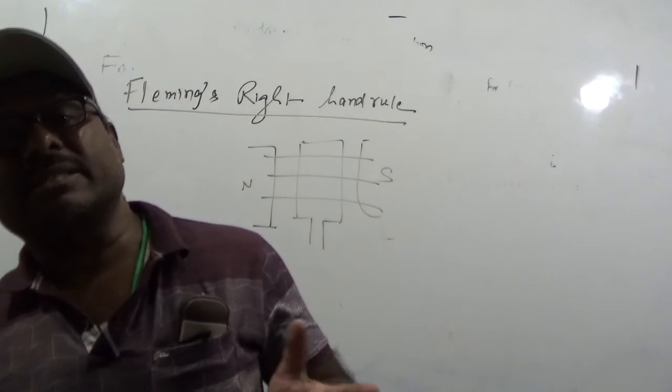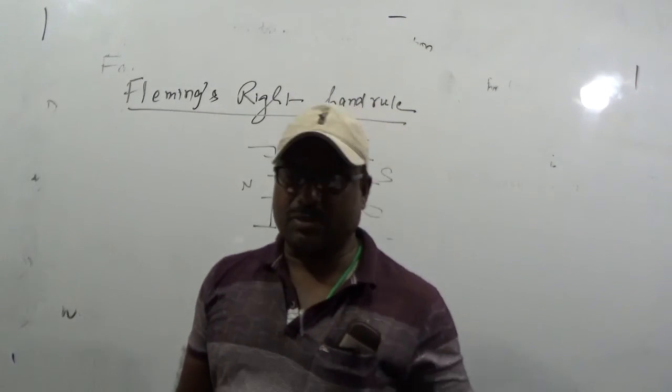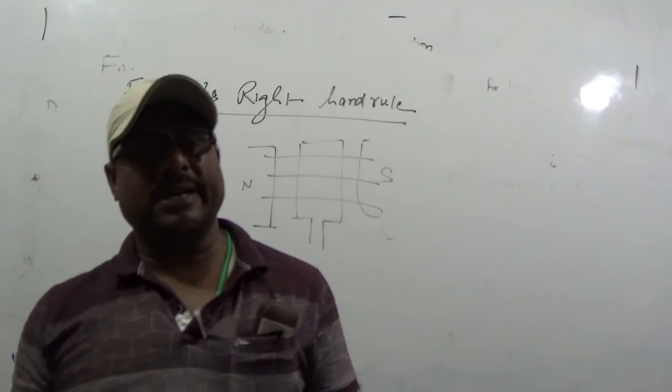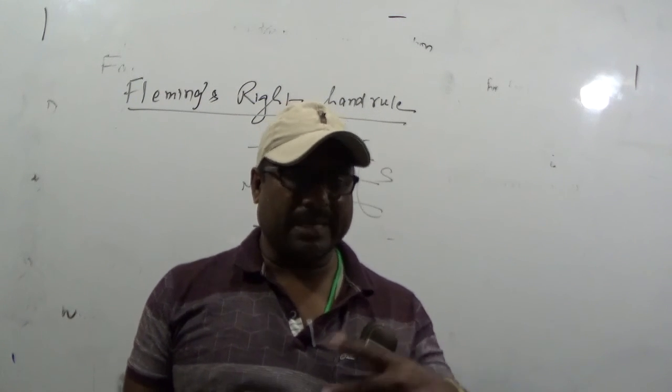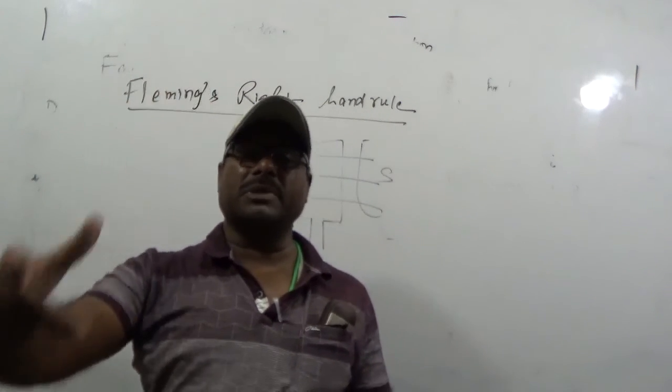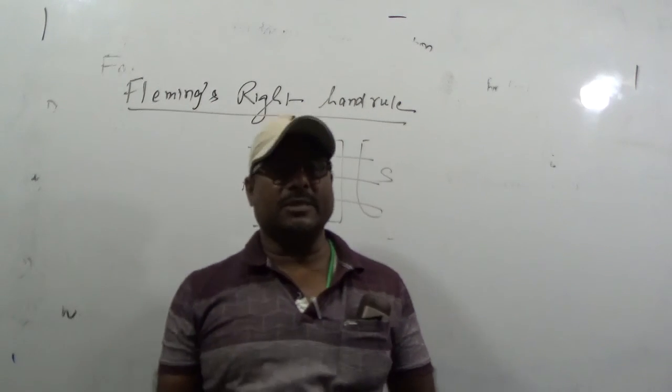Sometimes it is the question that is asked, the Fleming's left hand rule is applied in the motor or generator. The Fleming's left hand rule is applied in the motor, and this right hand rule is applied in the generator.